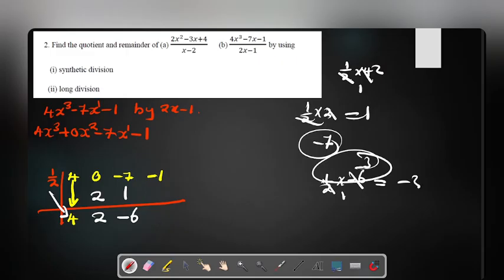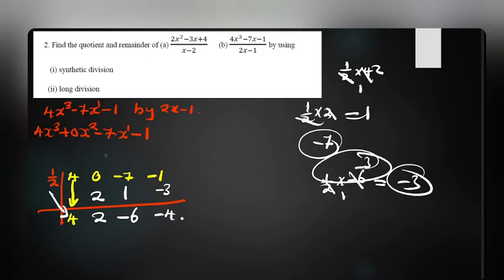So the answer becomes negative 3. Then from here, in negative 1, we add plus negative 3, and we get negative 4. Then we need to take note that the remainder is the last number, which is negative 4.